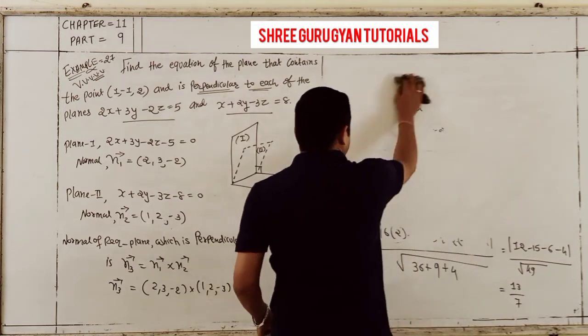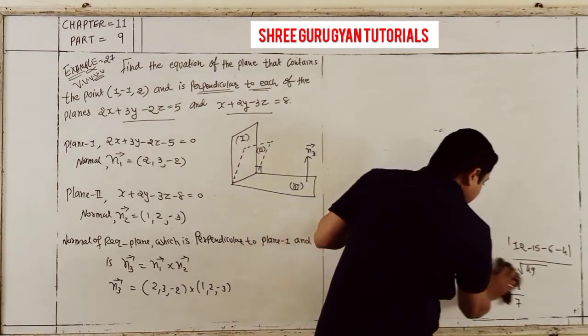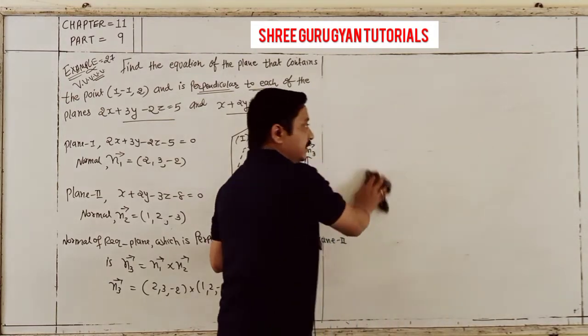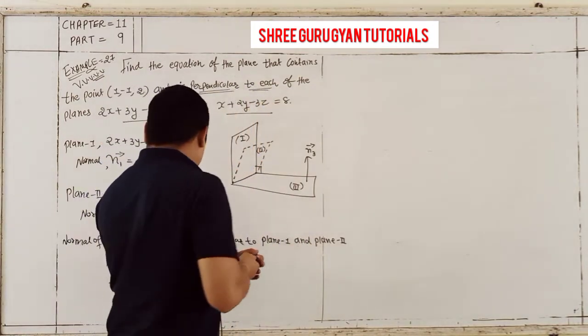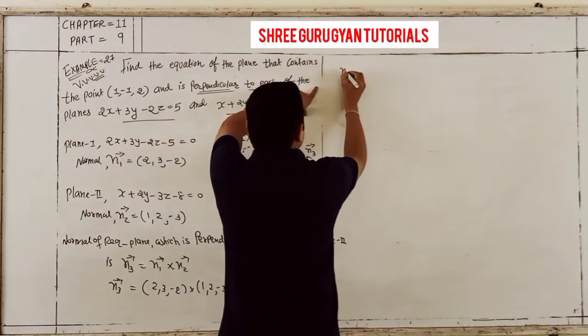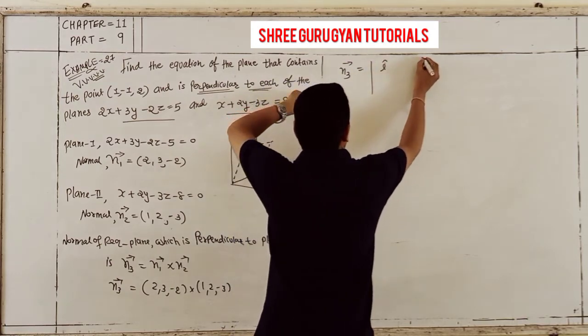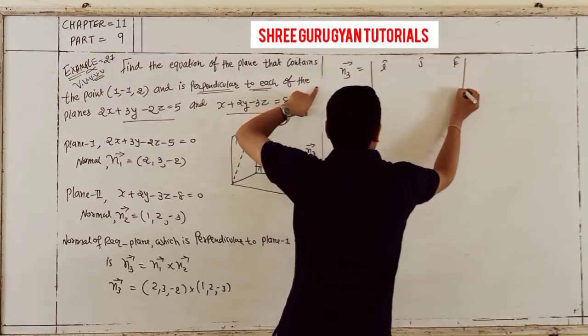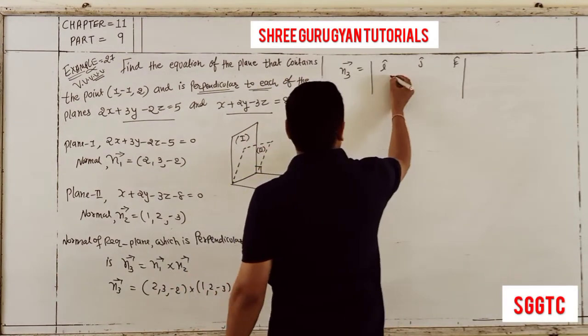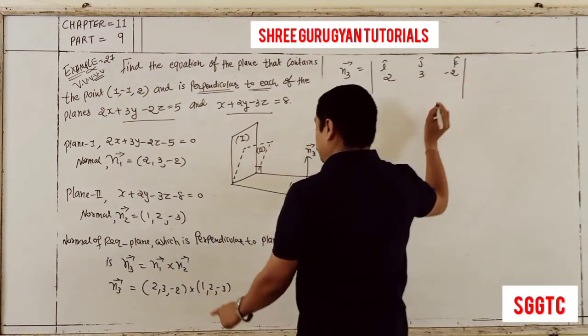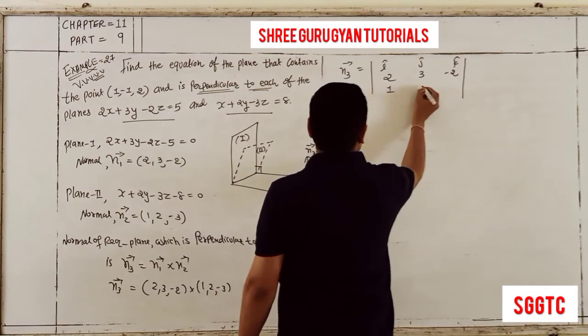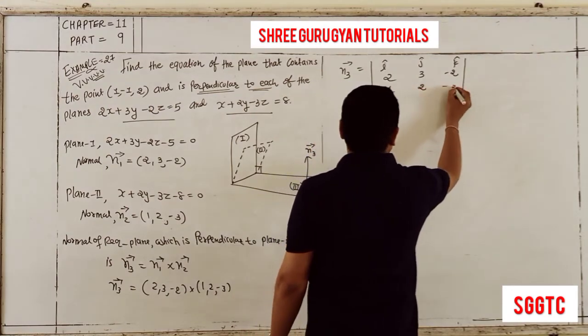So easily you get the direction of the third plane, I mean the n3 plane. So n3 direction is given by i, j, k, and here 2, 3, minus 2, and last 1, 2, minus 3.